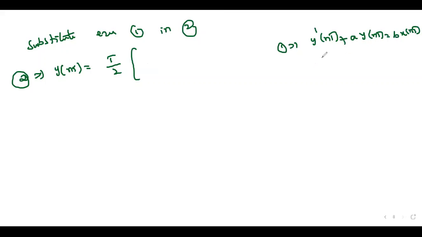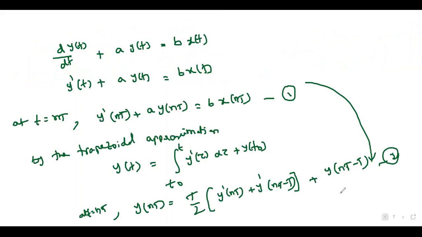This is the first equation. From this, y dash of nT is equal to minus a into y of nT plus b into x of nT. This I will substitute here: minus a into y of nT plus b into x of nT.